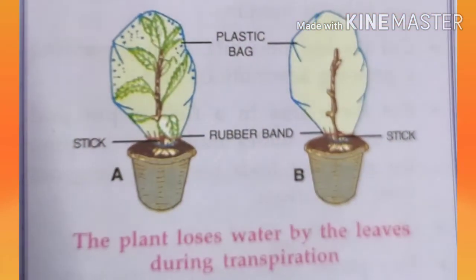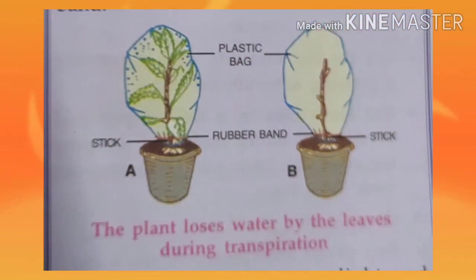One thing you can do at home also to check the transpiration done by the leaves. You can do this by one activity, and for this you take 2 small sized well watered potted plants with few branches. Place a polythene bag over the plant and tie it with a rubber band.